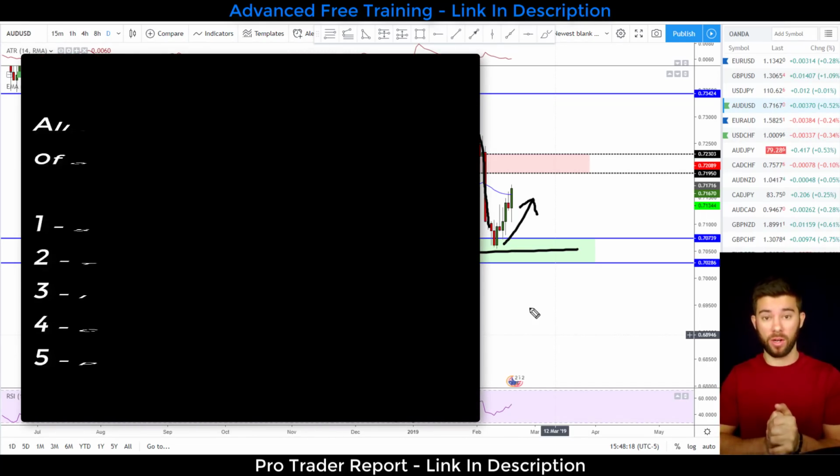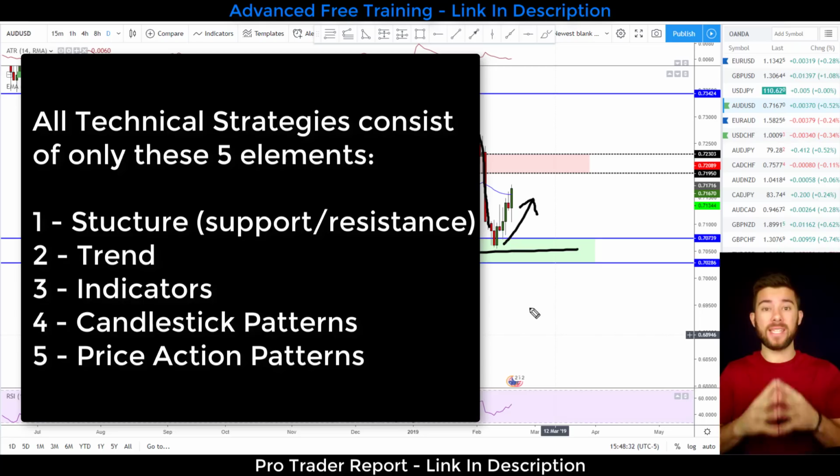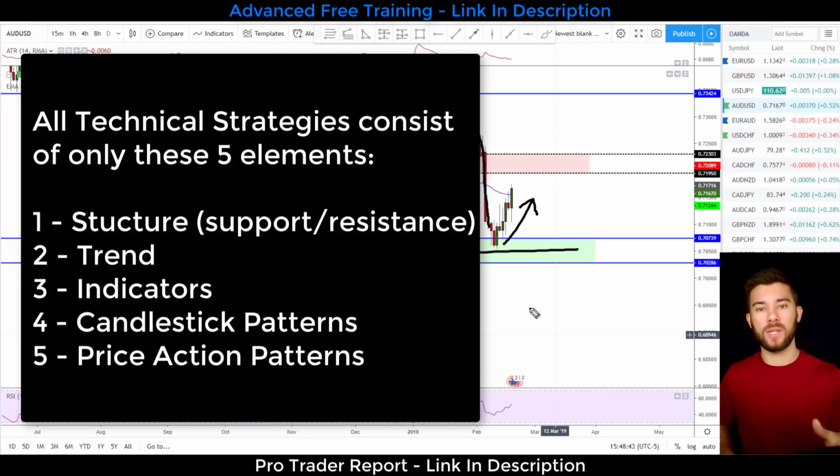Those 5 things are: structure, trend, indicators, candlestick patterns, or price action patterns. An accumulation of those 5 things creates every technical trading strategy there is in the entire world. That's just facts. So if those are the 5 tools we have in order to create a trading plan, in order to create a strategy, then those are the only 5 things we can use.